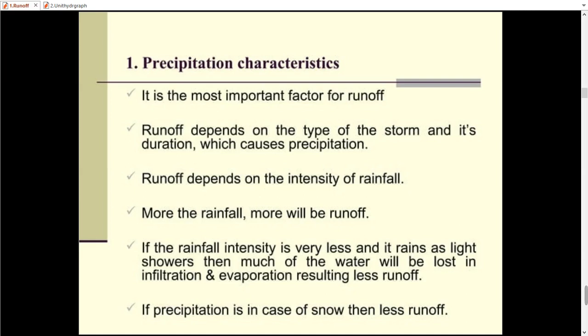The more the rainfall, the more the runoff. If the rainfall intensity is very less and it rains as light showers, then much of the water will be lost in infiltration and evaporation, resulting in less runoff. I already told what infiltration and evaporation are. If the precipitation is snow, then there is less runoff, right?